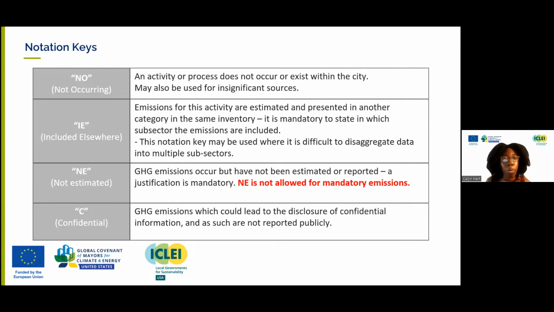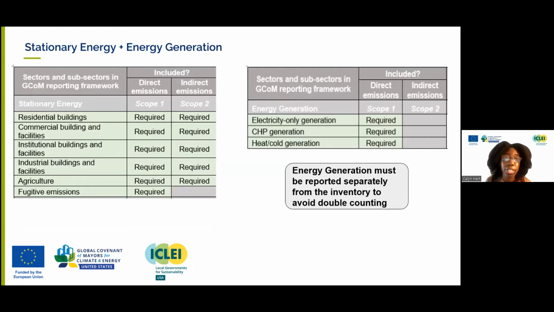If I go back to stationary energy, I was mentioning that a lot of utilities will provide their natural gas and electricity usage, usually in the residential and commercial sectors, and that's usually it. For the institutional, industrial, agricultural, and fugitive emissions, you will need to include that as an IE. You will need to make sure that you are using that notation key when you are reporting, and that you note that it is usually included in the commercial sector from your utility.